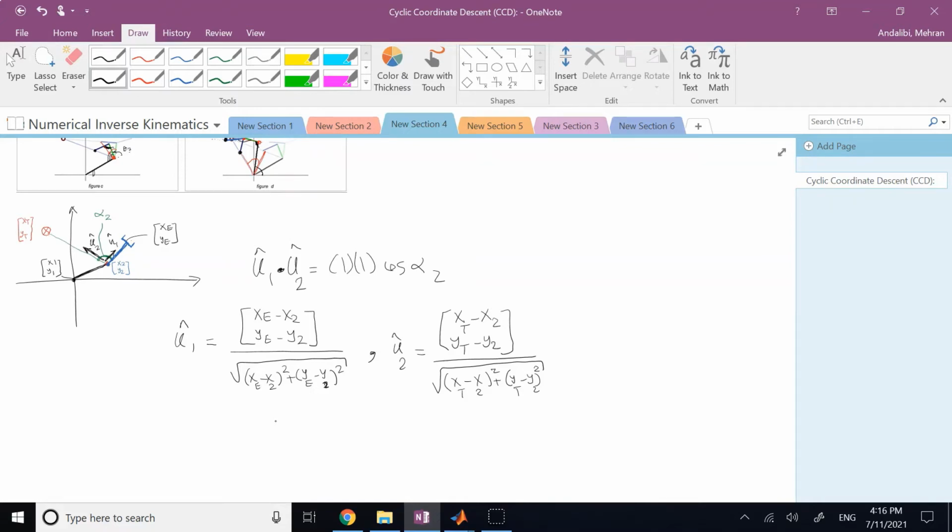I can dot product them, and from here I can get alpha 2. It is simply the inverse cosine of these two vectors dot producted with each other. Correct? And that's it.